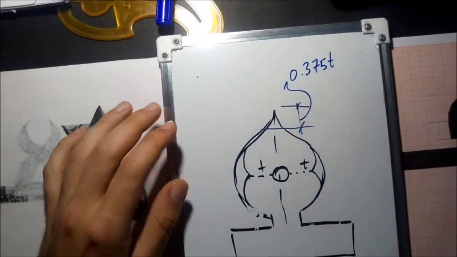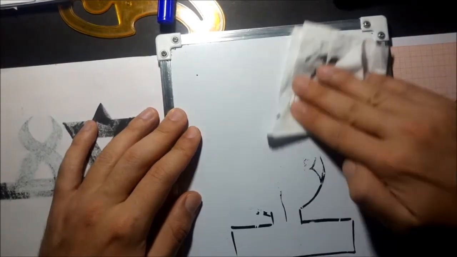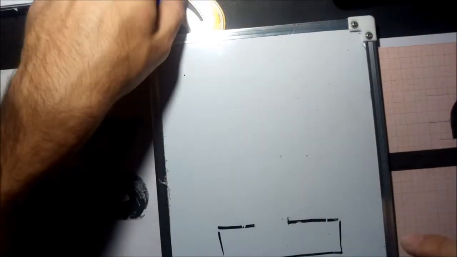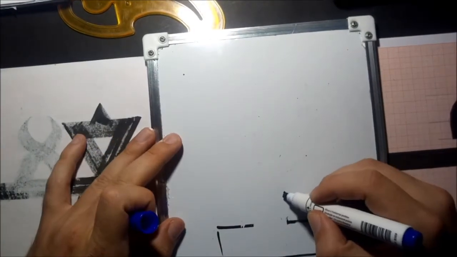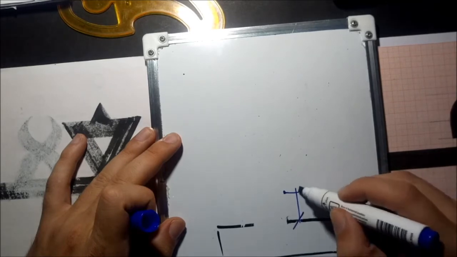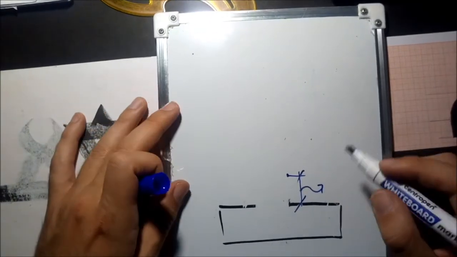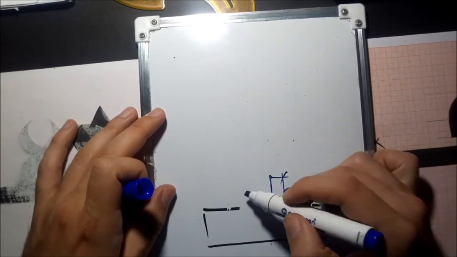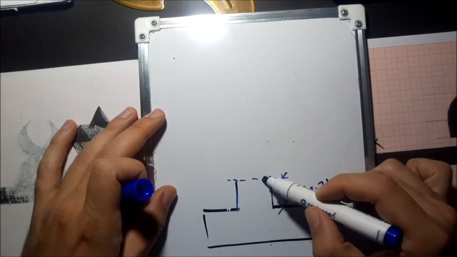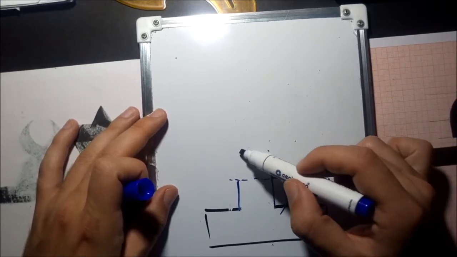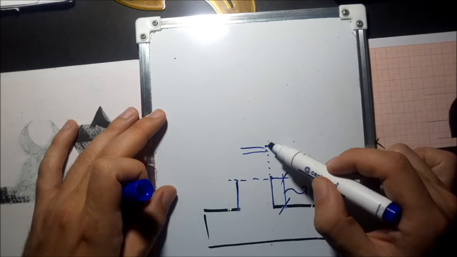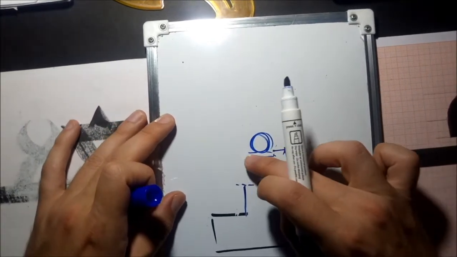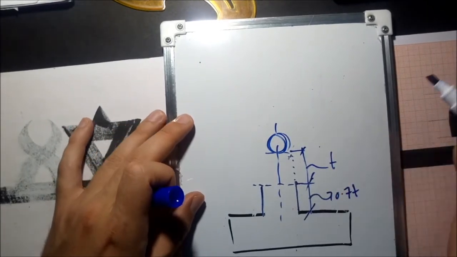Just a quick recap of what we just did. We got our baseline, we went upwards and located the point that goes 0.7 T. We got our neck right over here. After that we moved upward and located the point that gives us full T. We drew a circle with a center line.